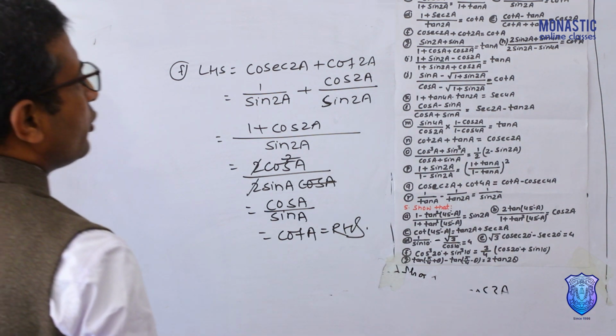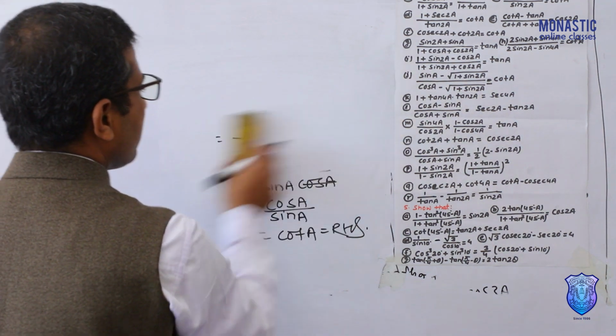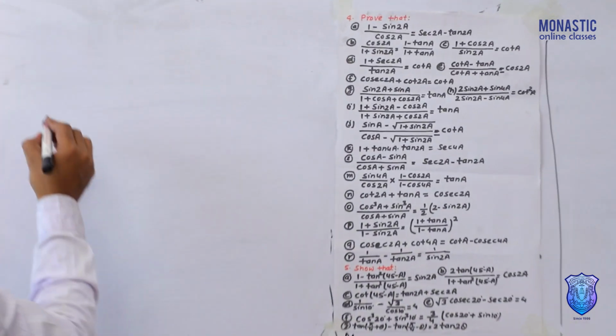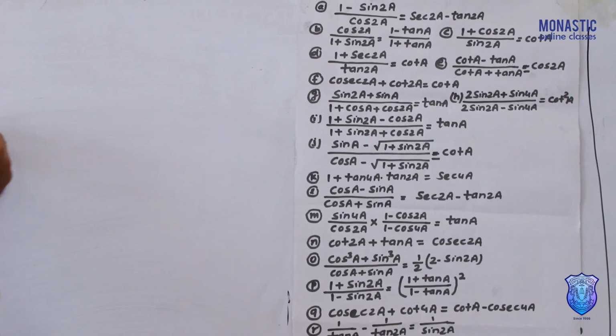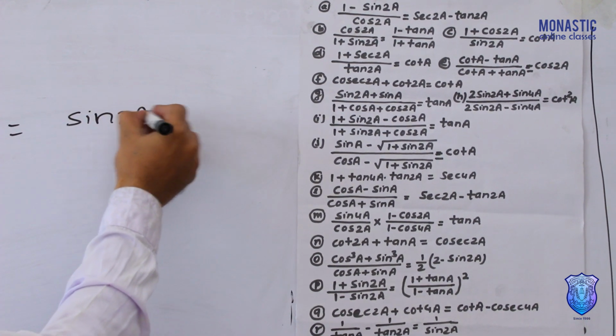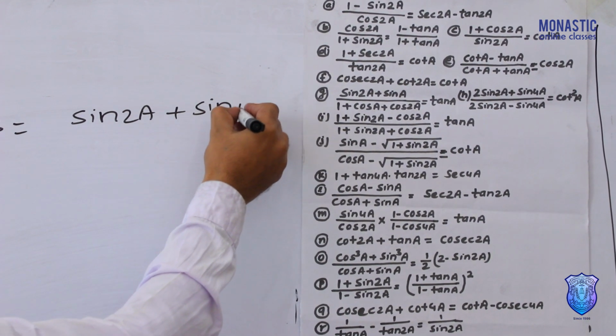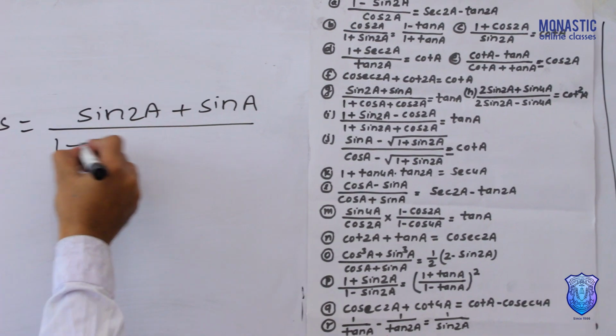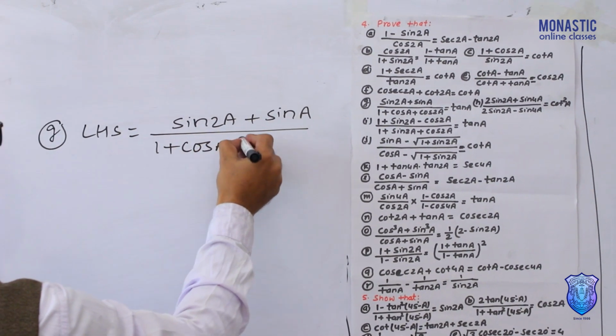Now in question number G, these are the questions which are frequently asked in the SEE exam for 2 marks. 1 plus cos A plus cos 2A.